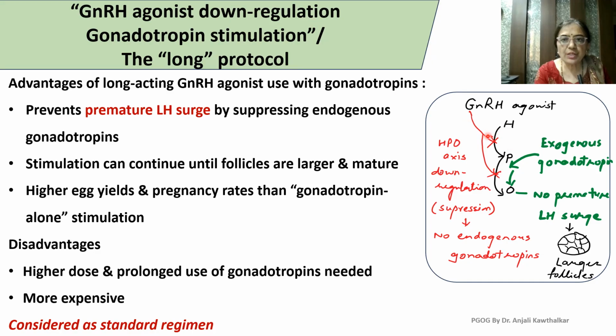Whenever we give GnRH agonist, HPO axis down regulation takes place. That means suppression occurs, which reduces the endogenous gonadotropin secretion by the pituitary. FSH and LH are not secreted by the pituitary because of the action of this GnRH agonist, and that is the main advantage of using this GnRH agonist for ovarian hyperstimulation.